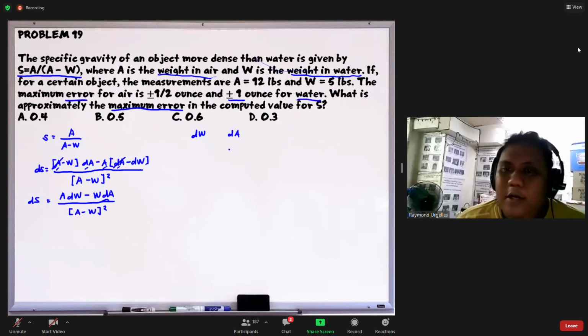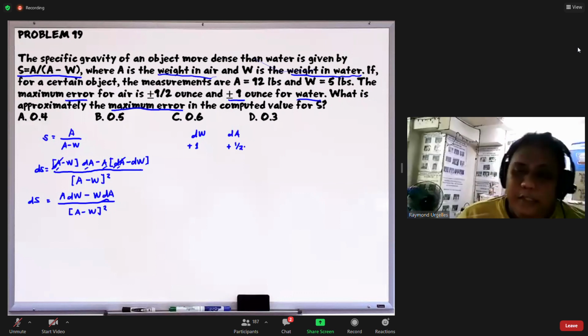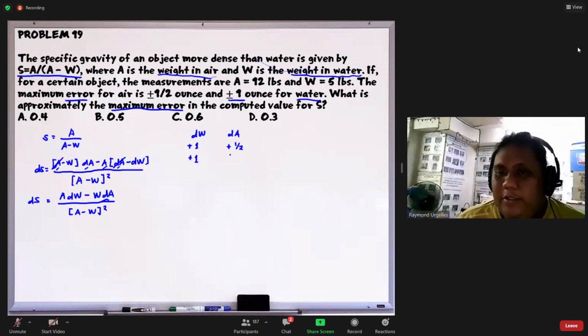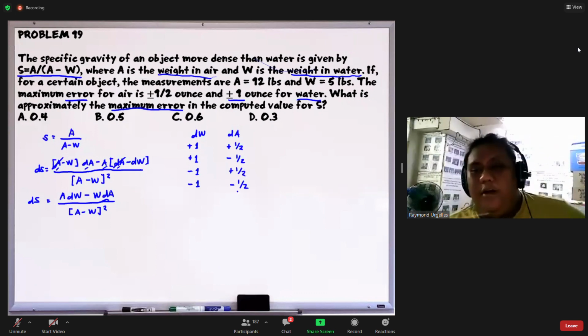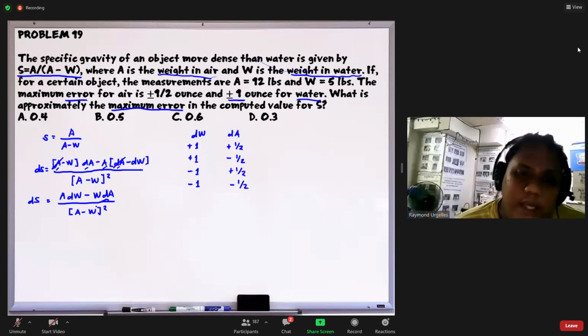So, therefore, it's a chance na positive 1 yung sa water. So then plus or minus 1/2 naman yung sa air. So then pwedeng positive 1/2 yung kay air. Diba? So then pwede rin positive 1 yung kay water. So negative 1/2 yung kay air. Pwedeng negative 1 kay water, positive 1/2 kay air. Pwedeng negative 1 yung water. So then negative 1/2 yung air. So again, these are all the possibilities para dun sa errors natin.